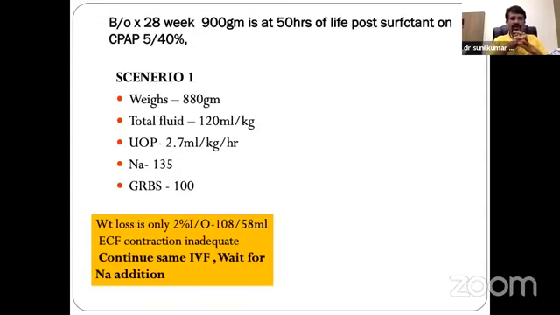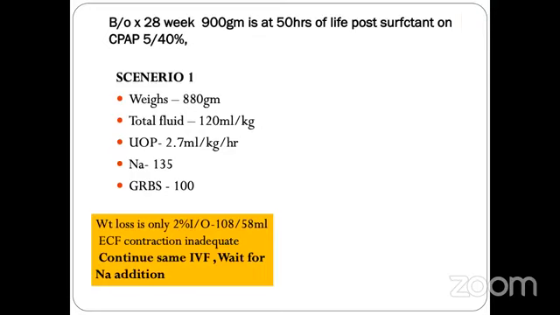So even though it is 50 hours, it has still not attained the complete ECF contraction. It is inadequate. So at this juncture, adding sodium is not at all a good decision, and because the balance appears to be okay, you can continue the same IV fluids, like 120 ml per kg of fluids can be continued.